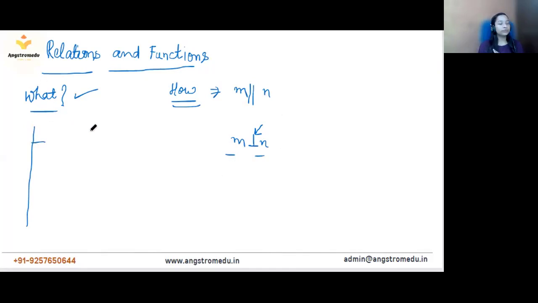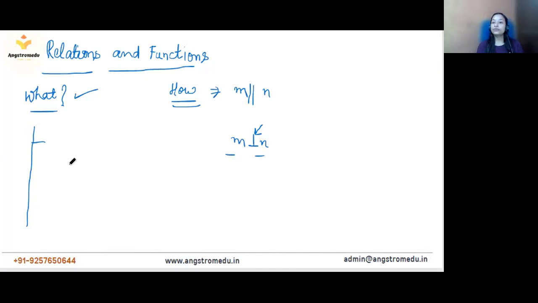To define a relation, the first thing you will do before starting any topic, before starting any kind of class, is define the syllabus. You will define the range of it. So the first thing I'm going to do is define a relation.